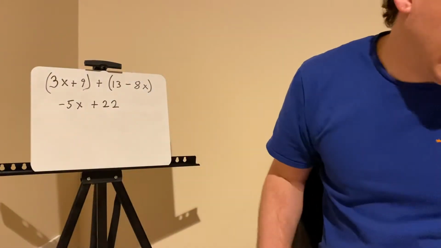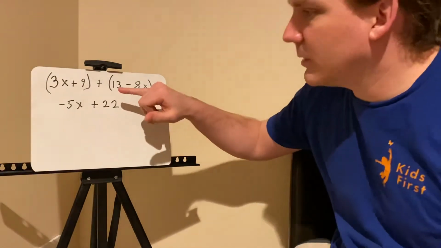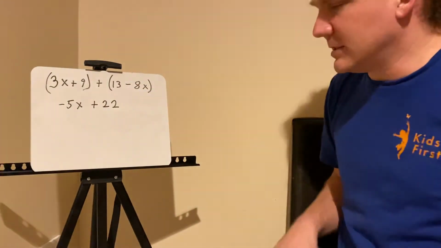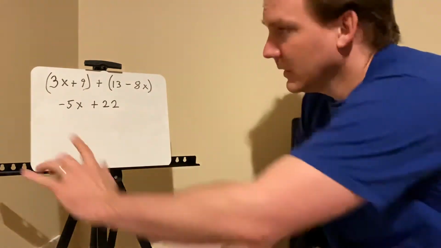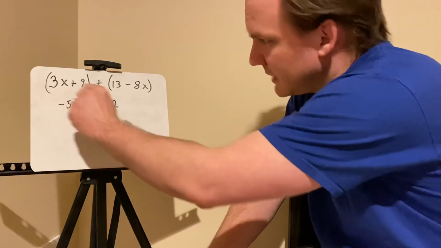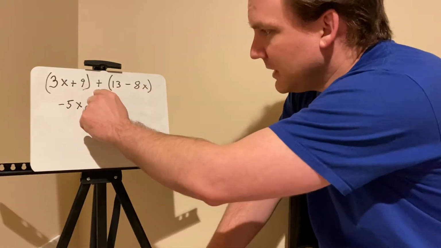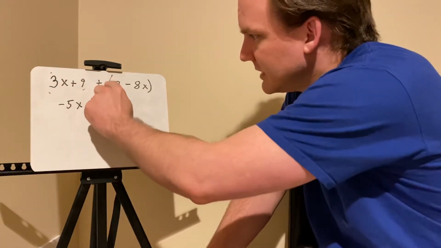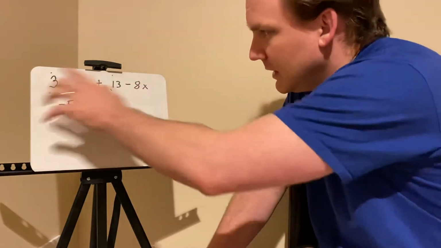Well, how can we add, subtract, and multiply polynomials? Well, in this case, we're going to add them. This is something you have been doing in math. It's just now we're giving it a fancy name of adding polynomials, right? Well, here's 3x plus 9 plus 13 minus 8x. So since these are both being added, I can essentially just ignore these parentheses, and the associative property of addition allows me to switch these around.